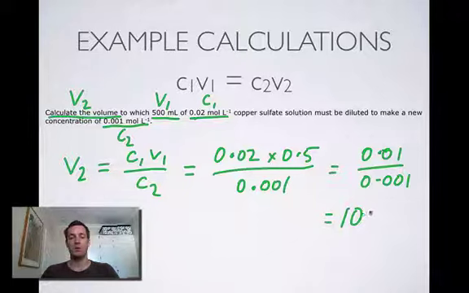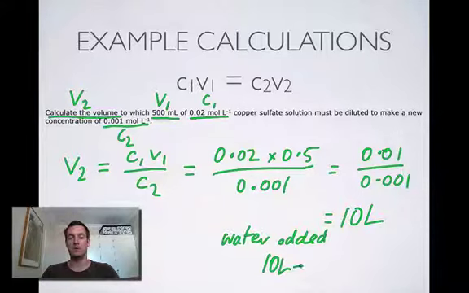So our new volume is going to have to be 10 litres. Alright? Sometimes we get asked how much water you've got to add. Well, if we were trying to find that, we need to remember that we started with 500 millilitres, so the water that we added would be 10 litres minus 0.5 litres, and that's obviously 9.5 litres.